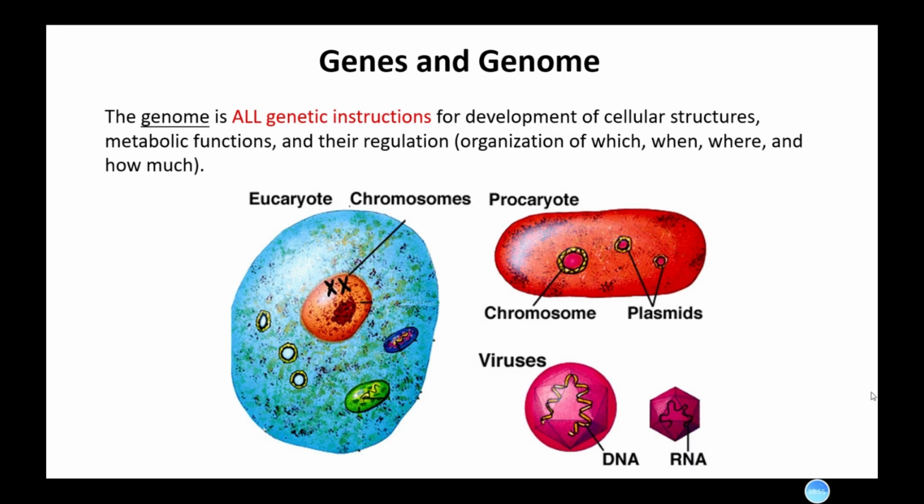The genome is all the genetic instructions for an organism, for the development of cellular structure, for metabolic functions, all the chemical reactions, and also the regulation of gene function. All these are encoded in the genome. So the genome is all the genetic material, including the chromosome.